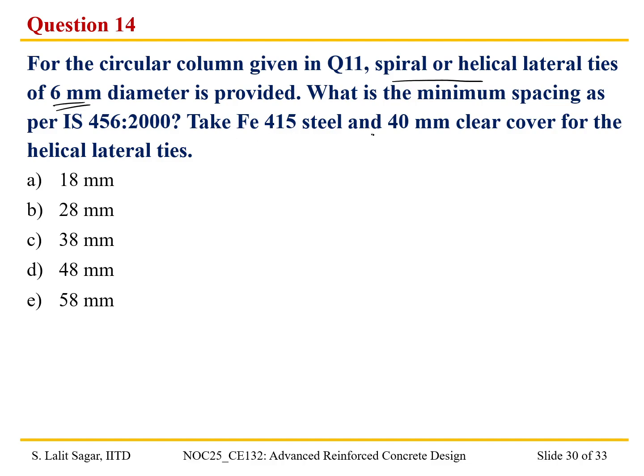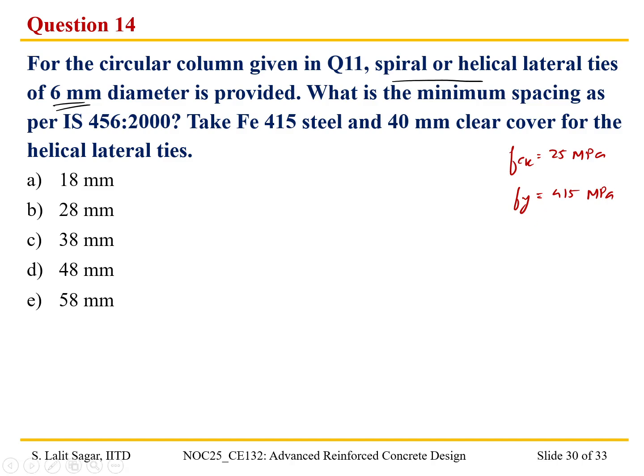Take Fe 415 and 40 mm as the clear cover for the helical ties. Now let us proceed to solve the problem. So we have fck is 25 MPa and fy even for the spiral ties it would be 415 MPa and the clear cover is 40 mm.